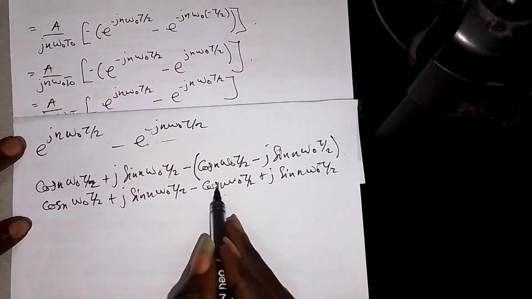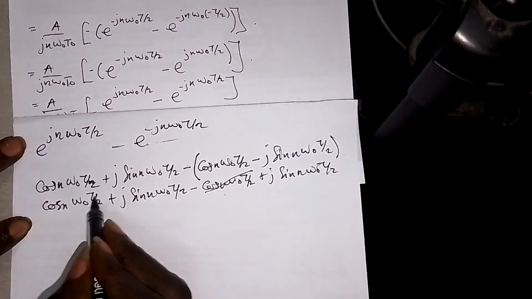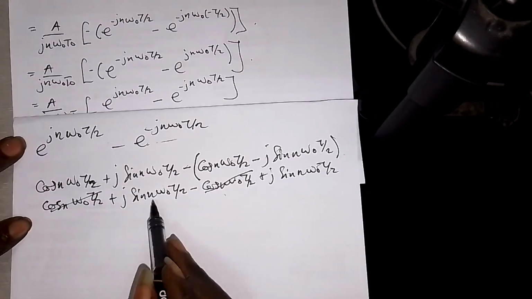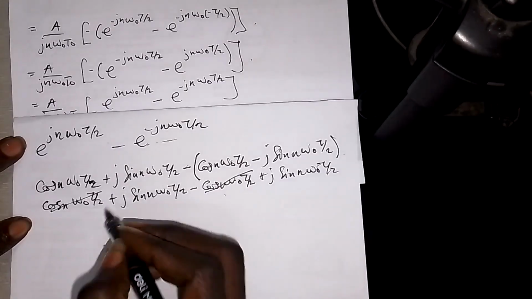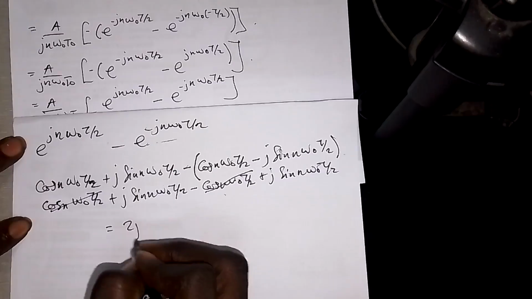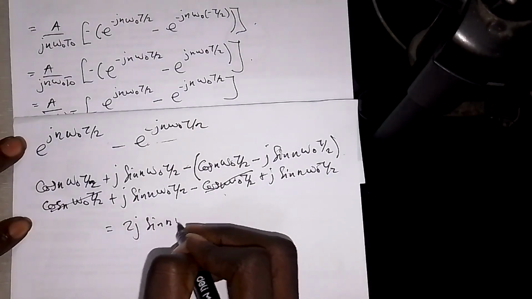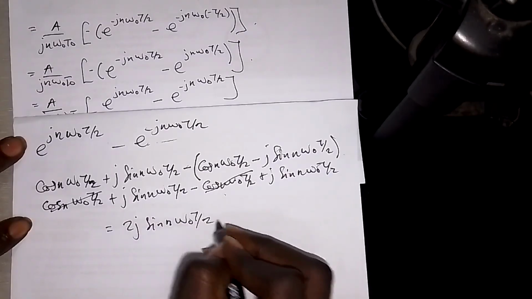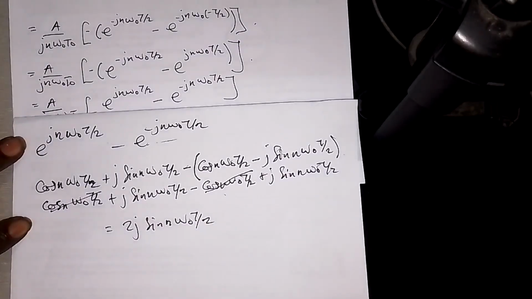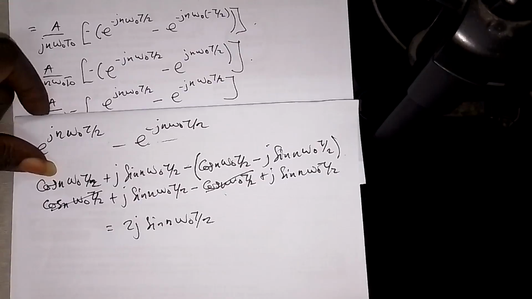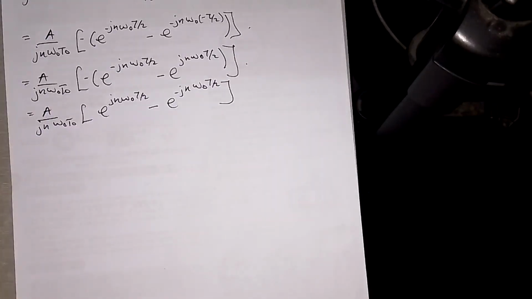You see that this one and this one will cancel, this one and this one will cancel, and you'll be left with these two. These two will be equal to 2j sine n omega naught tau on 2, because they are two. Then you'll be left with this one. All right? So now, having known that, let us proceed.